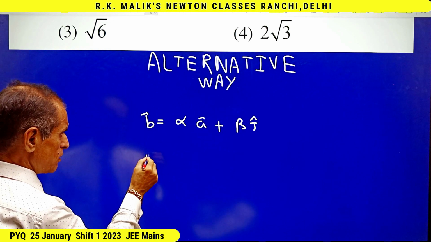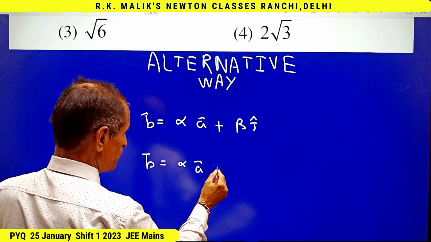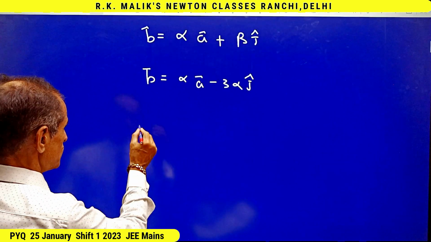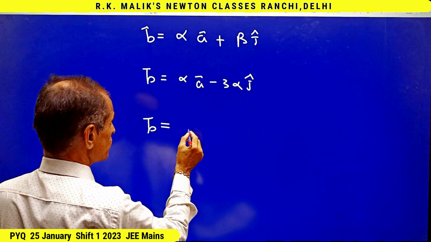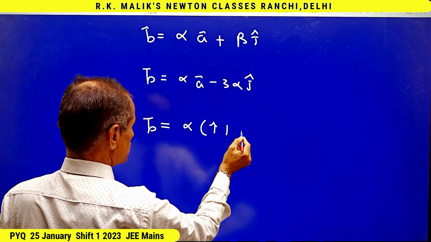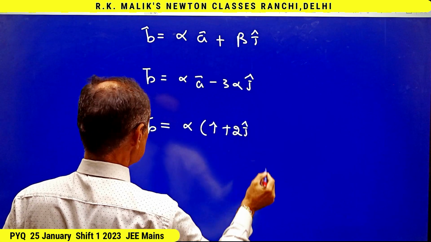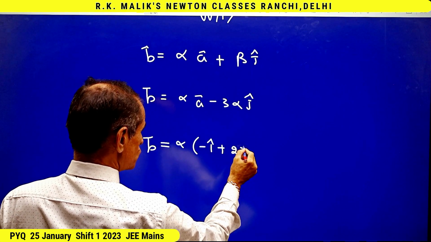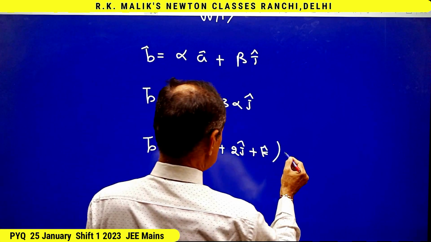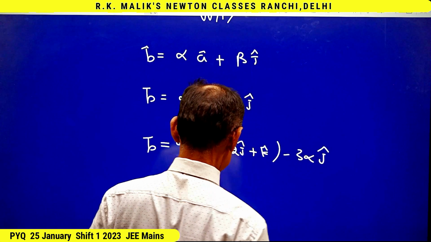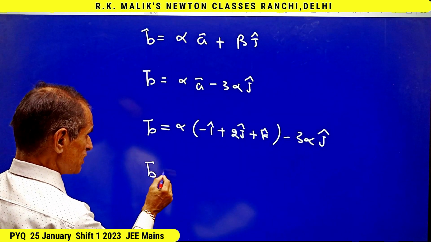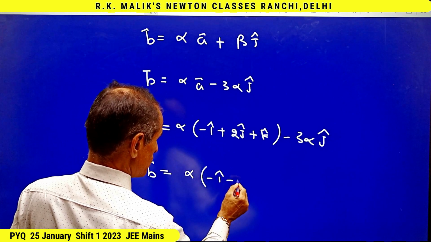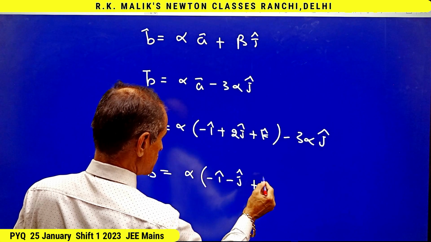That is, B equal to alpha A minus 3 alpha j, that is B vector is equal to alpha into minus i plus 2j plus k minus 3 alpha j, that is I get B equal to alpha into minus i minus j plus k.